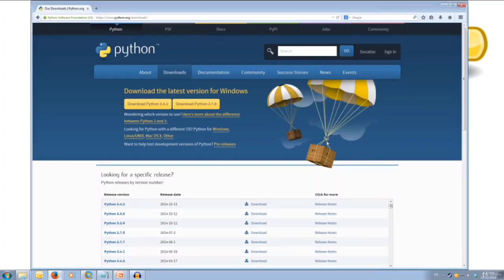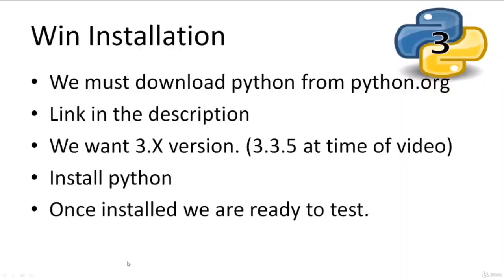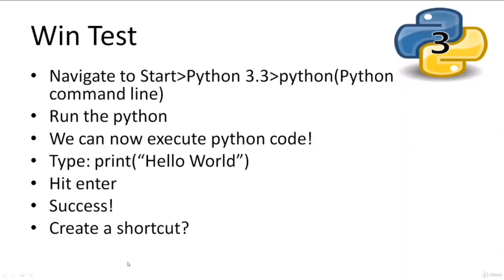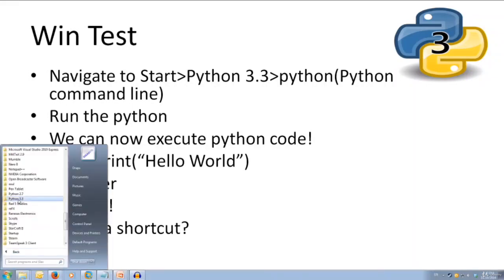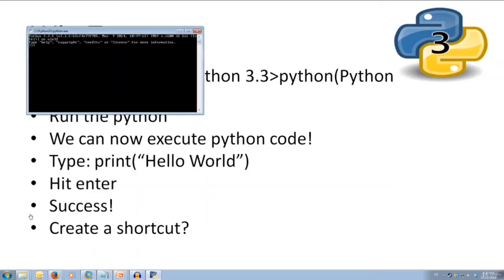As you see. And about Windows installation, we must download Python from python.org. The link would be in the description, or I show you how to download it. Just go to python.org and you can download it from that site. We want the 3.x version.